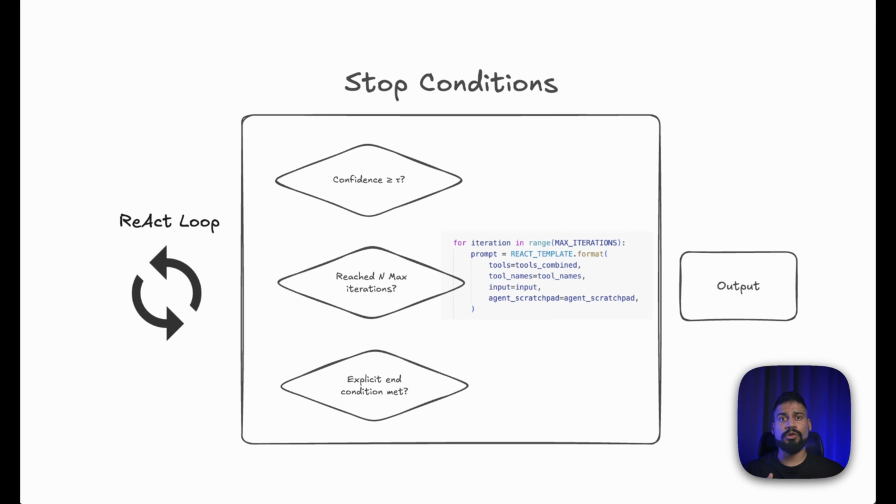That is, you could cut it off after 5 loops, for example, no matter what. The other option is a confidence threshold. You stop when the model is sure enough. Third is an explicit condition. You literally tell the model when to wrap up. The balance here is key. Without these guardrails, you risk runaway loops, wasted tokens, and fake results.